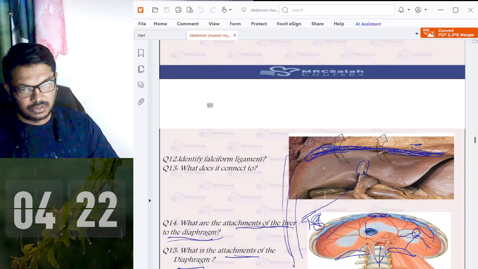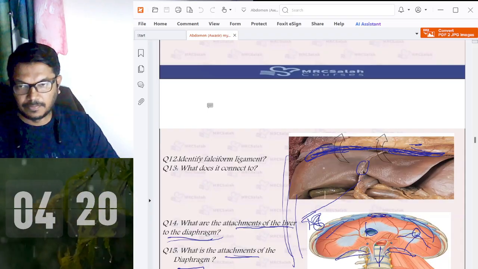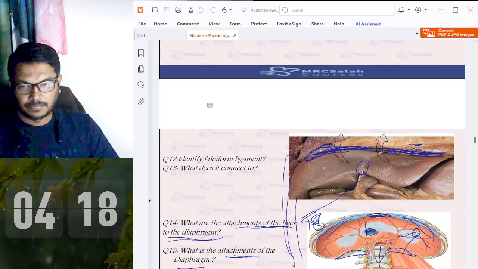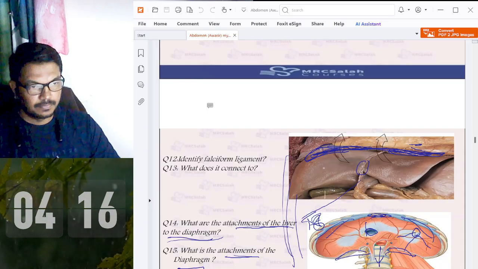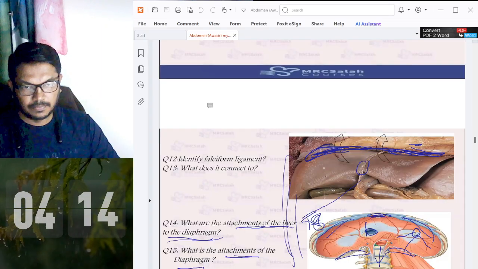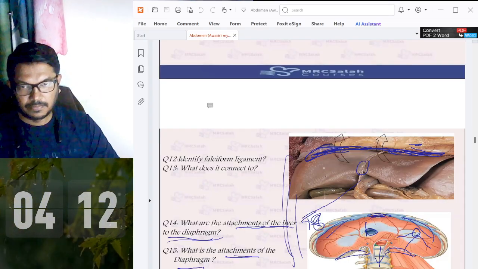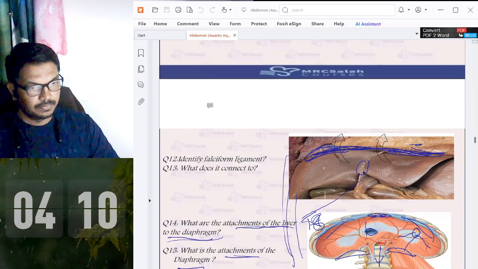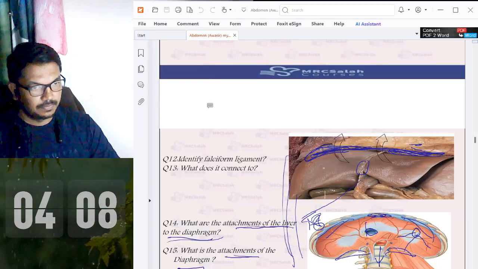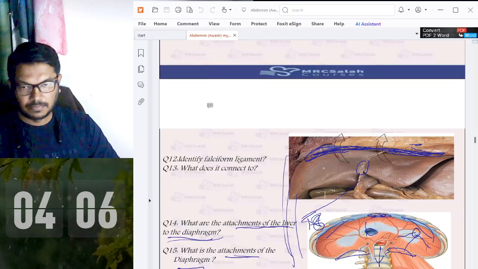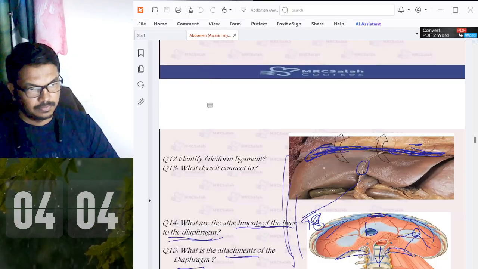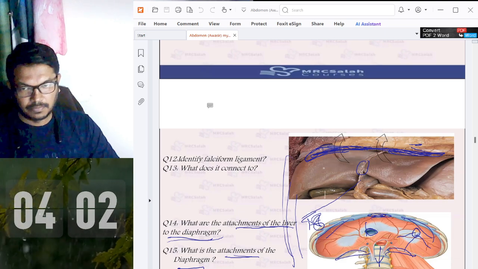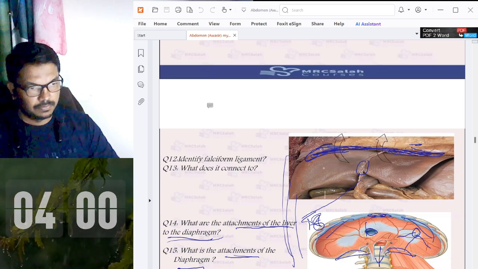What is the attachment of the diaphragm? Sternal part: xiphoid process of the sternum. Costal part: inner surface of the lower 6 costal cartilages. Vertebral part: the right crus, lumbar 1, 2, 3, and left crus, lumbar 1, 2. Between the two crura, there is the median arcuate ligament.